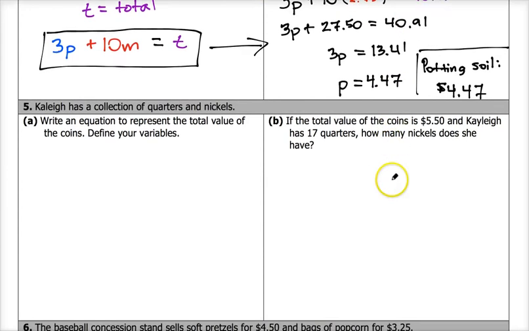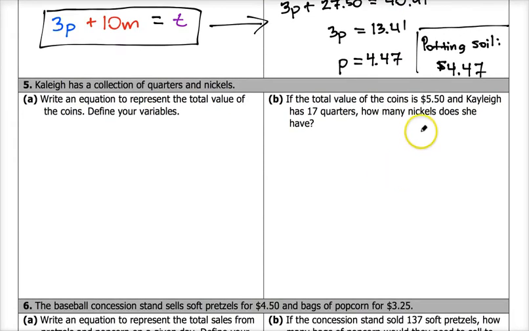Okay, number 5 says Kaylee has a collection of quarters and nickels. We need to write an equation to represent the total value of the coins. I don't know how many quarters or how many nickels Kaylee has, so we could say let Q equal the number of quarters, and we could say N equal the number of nickels.